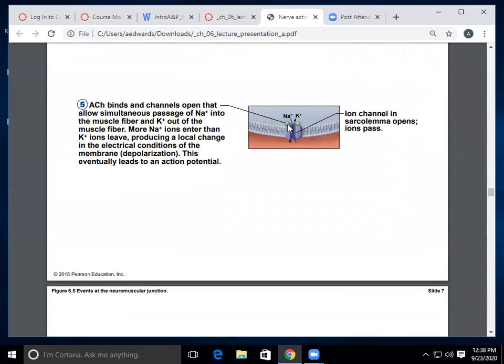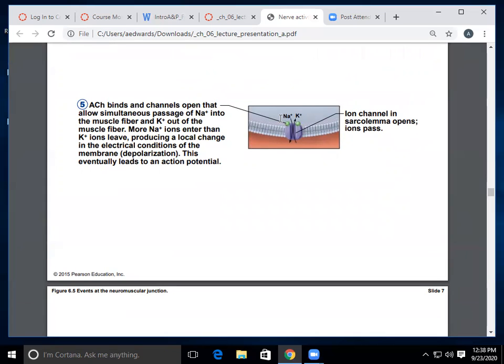Then acetylcholine, or ACh, is going to bind and channels will open that'll allow passage of sodium into the muscle fiber and potassium ions out. But more sodium ions are going to enter than potassium ions leaving, and that changes the electrical conditions in the membrane.